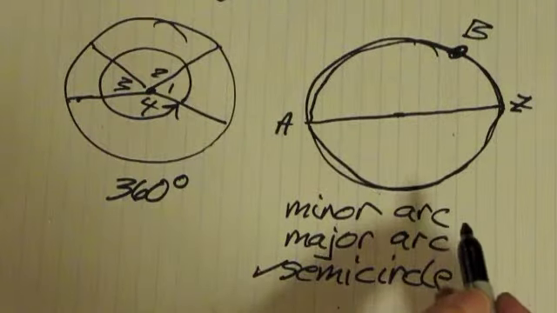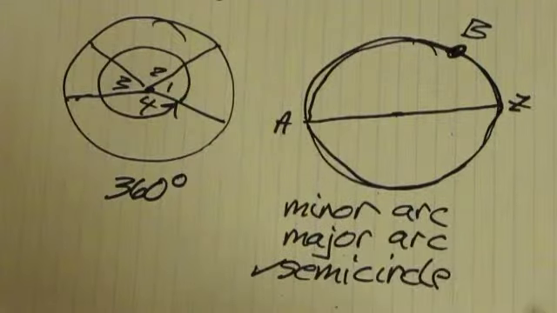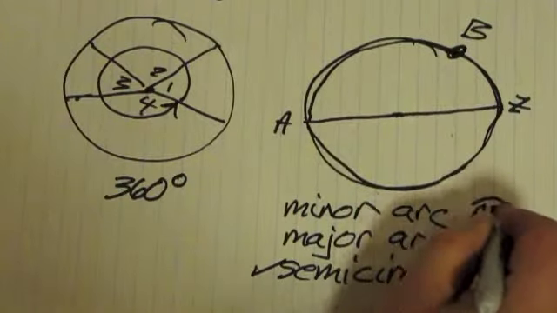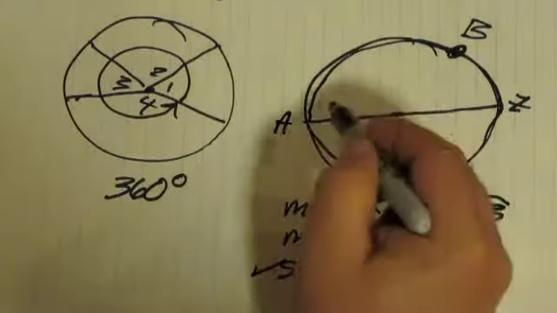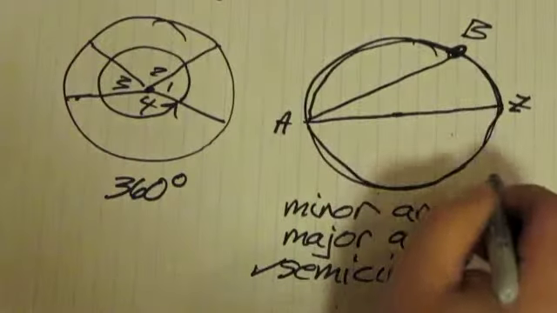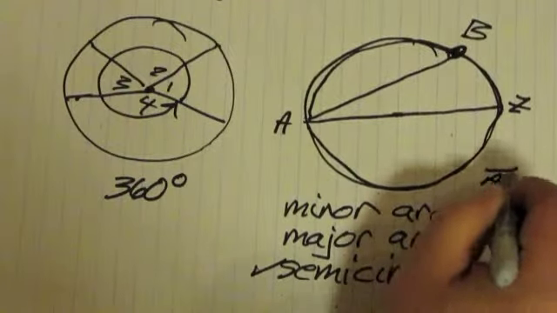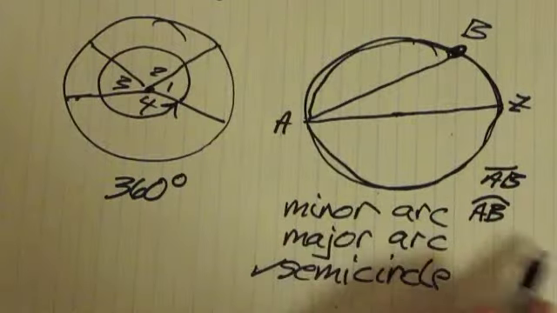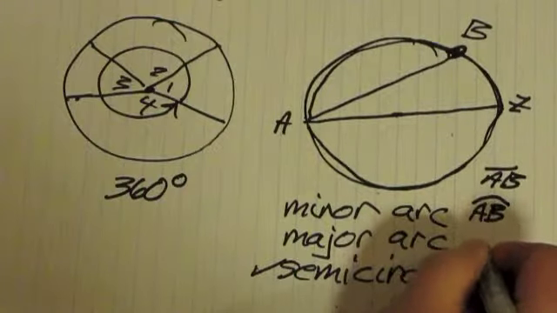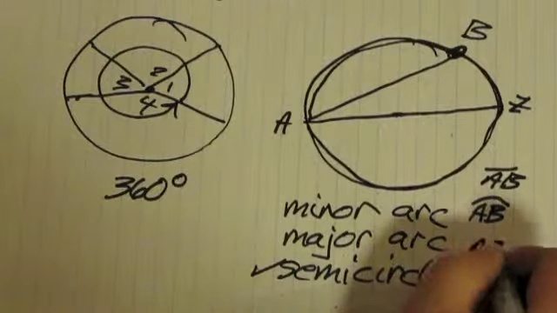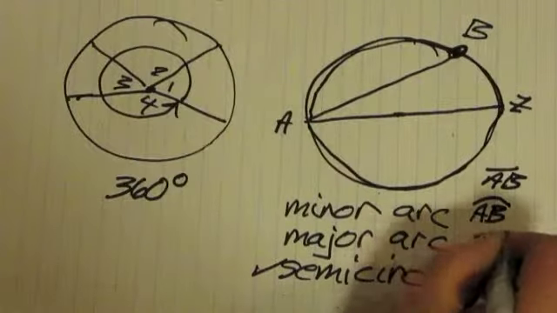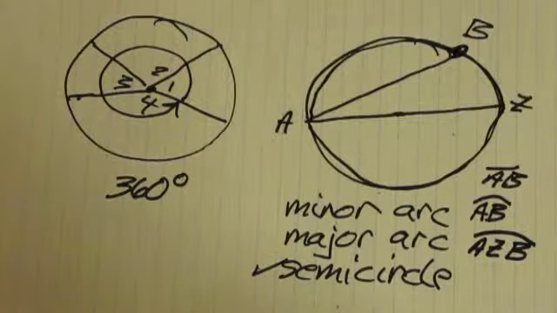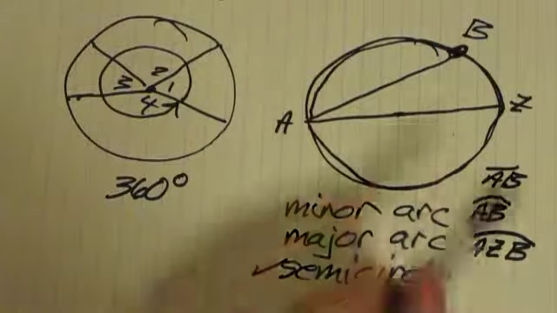Arcs can be labeled in certain ways. For a minor arc, I would write arc AB and put a curve. For instance, the chord would be chord AB or line segment AB. For the arc, I then put the curve. So that would be the minor arc. I can label arcs with 3 letters, and usually I use 3 letters when I'm indicating a direction. Minor arcs could also be labeled with 3 letters.